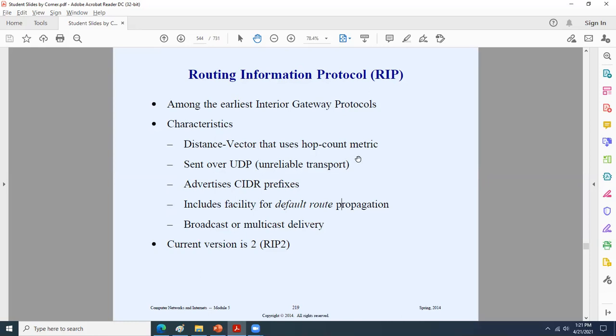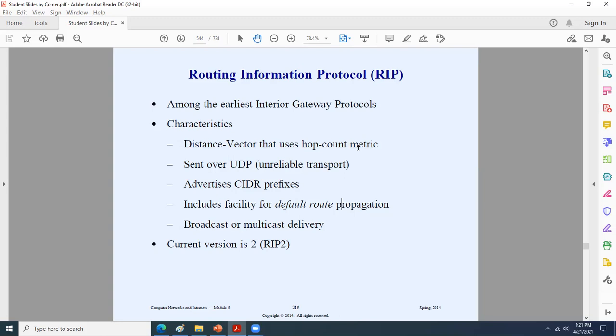When you're working with dynamic routes, routers use a protocol to automatically determine a best route. And you see here that one of the characteristics of RIP, as it's commonly referred to, is that it considers a hop count.